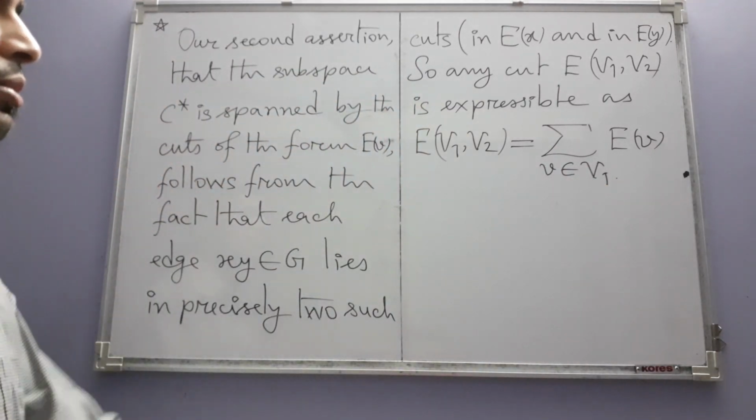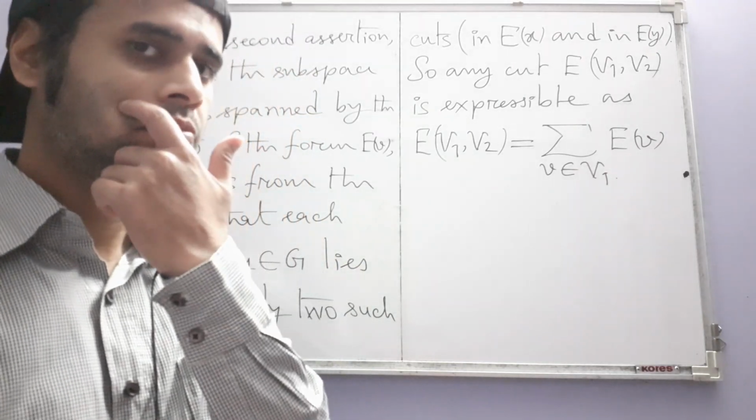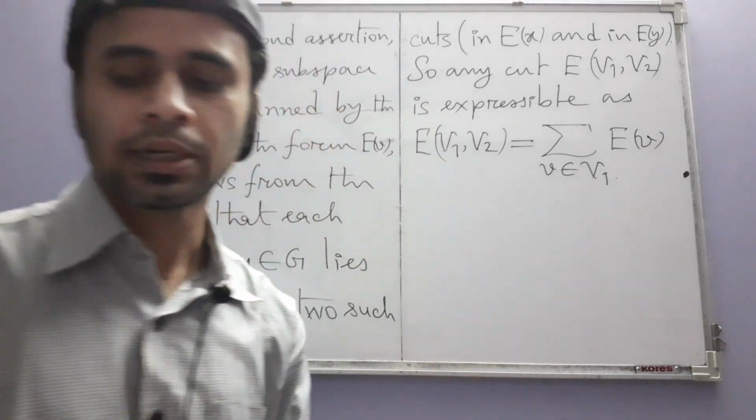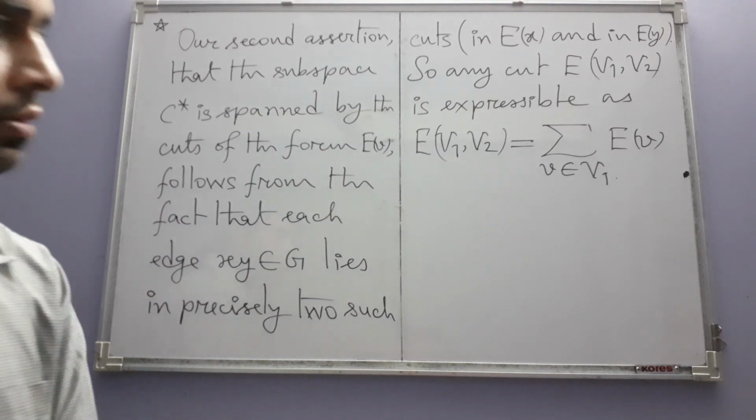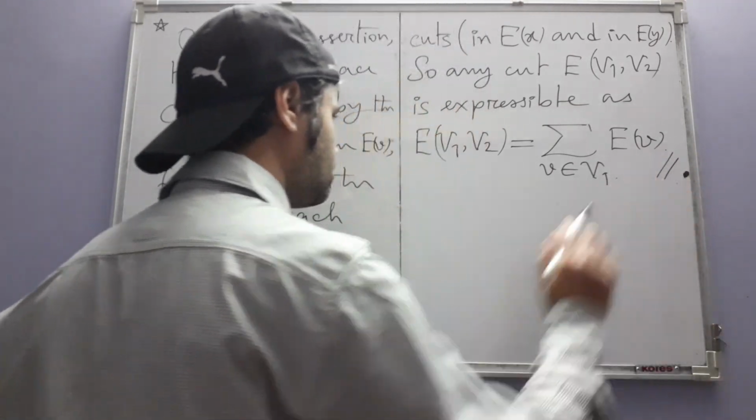Now we need to understand how exactly this equation is true. How is it coming? For that, let us, and this is where the proof ends.